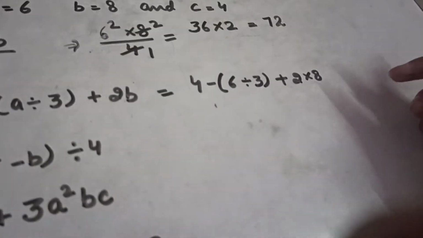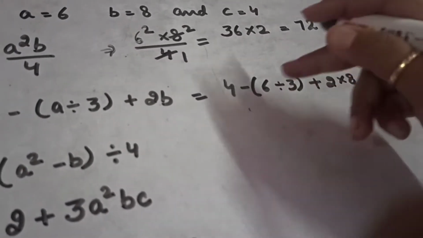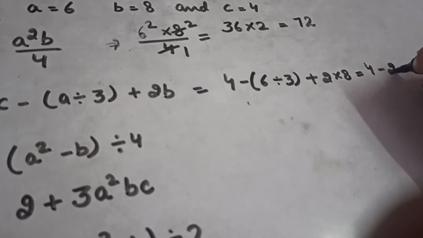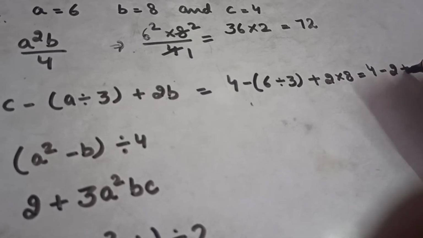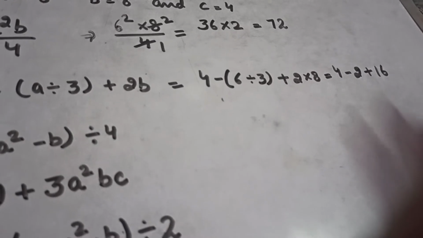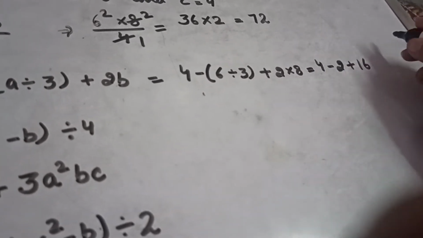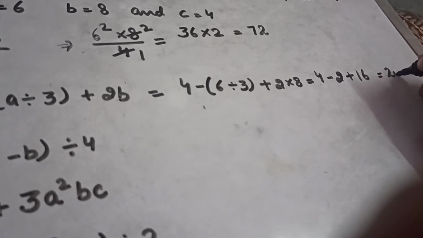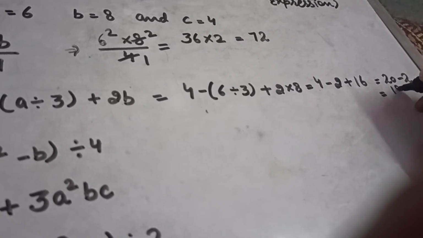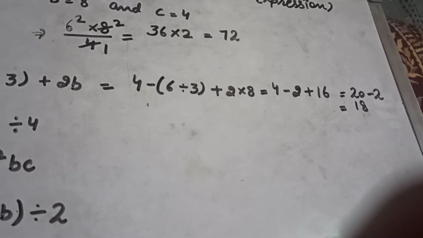Now solve according to BODMAS. Firstly, we will solve the bracket, 6 divided by 3. 4 minus 2 plus 2 multiplied by 8. 2 8s are 16. Now again addition, 16 plus 4, 20, minus 2. What comes here? 18. Right?